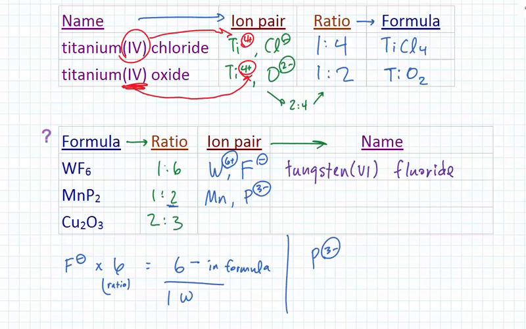How many of them do I have in the formula? 6 minus total in the formula. Manganese, again, since I only have one of them, manganese is going to take over all of that charge. This will be a 6 plus. I'll end up with manganese VI phosphide.